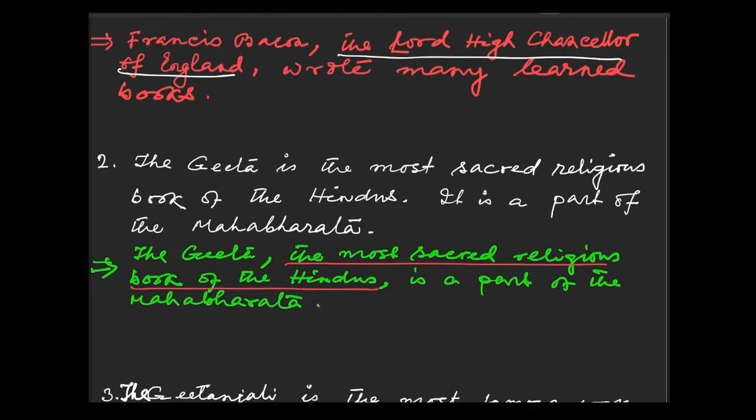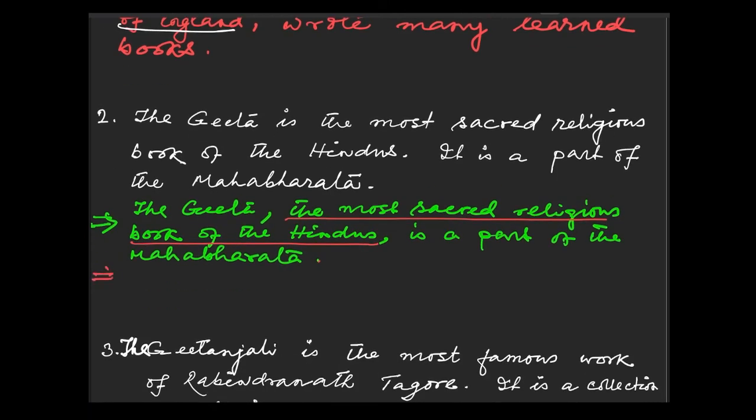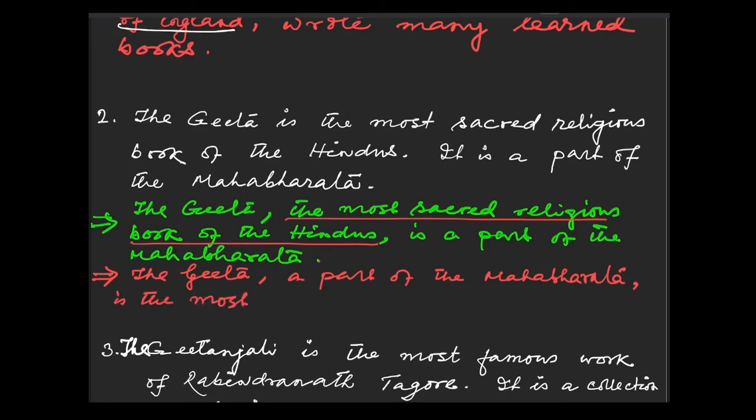Okay. And it can be written this way also, that the Gita, comma, a part of the Mahabharata, comma, is the most sacred religious book of the Hindus.